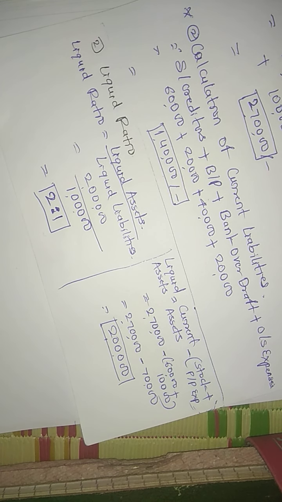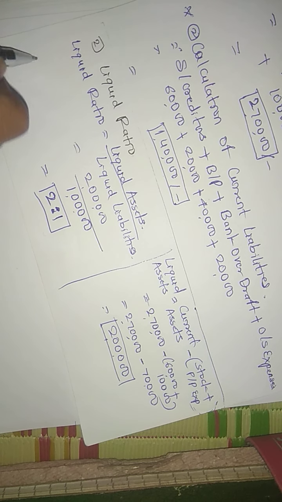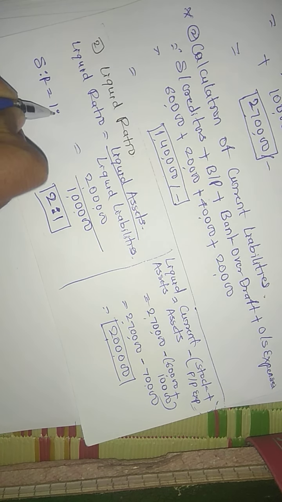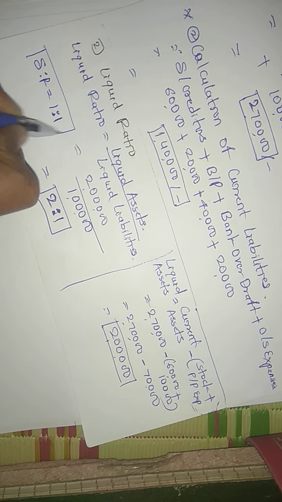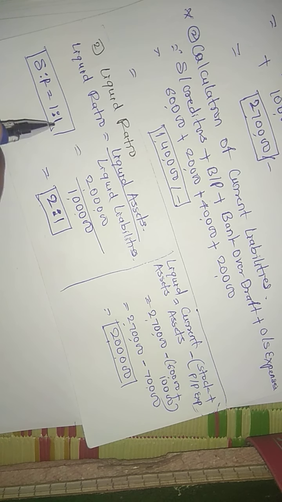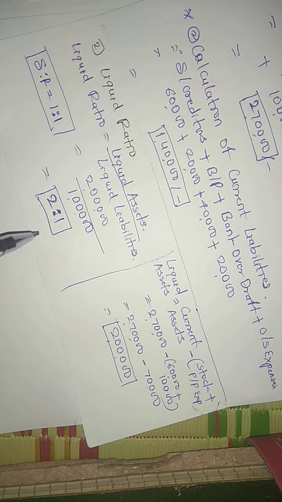We get the liquid ratio as 2:1. And what is the standard ratio of liquid ratio? The standard ratio of liquid ratio is 1:1. Okay, so if the actual ratio is more than the standard ratio, then the liquid position of the company is sufficient. So this is the interpretation of liquid ratio.